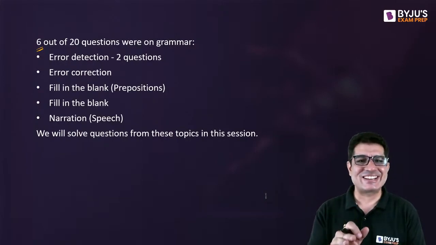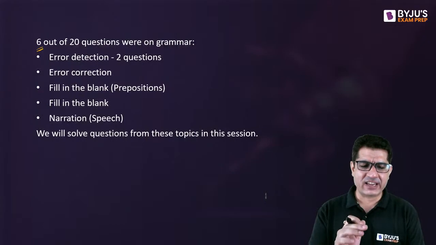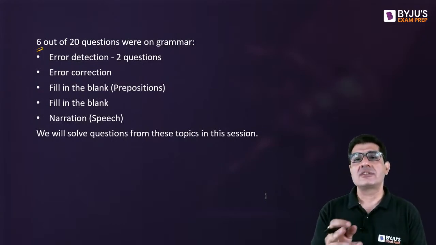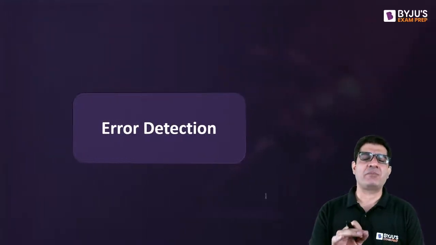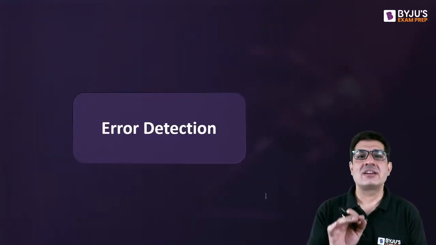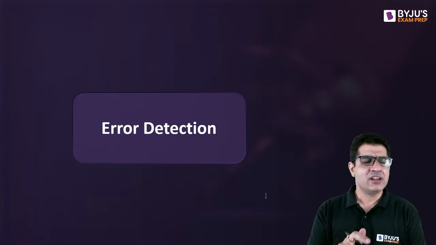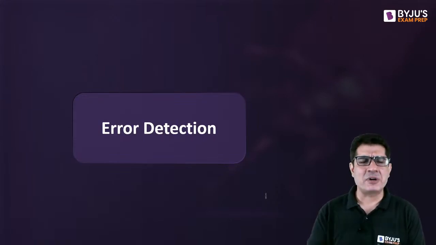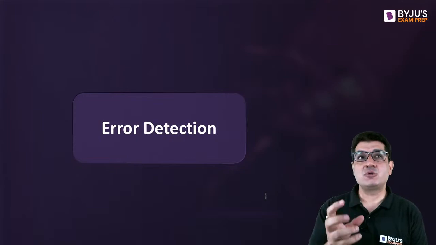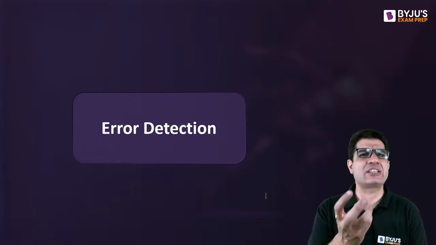So let's go ahead, let's dive in and then talk about some of these questions. To begin with, I am going to get into error detection, right? So make sure that you liberally use the comment box in order to share your answers with me. And in grammar, it actually is useful to share what you think is wrong.